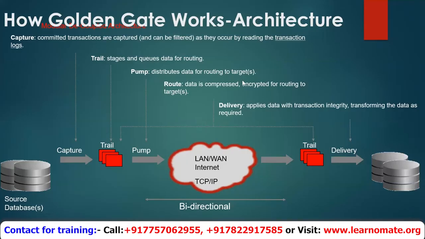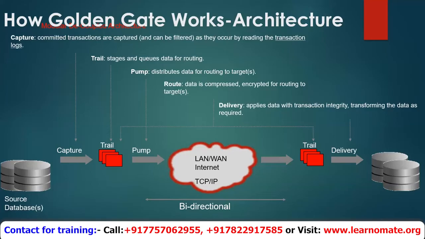You configure the GoldenGate extract process on the source database, which reads the transactions from the transaction logs. Remember, the transaction logs of the database contain committed as well as uncommitted transactions.